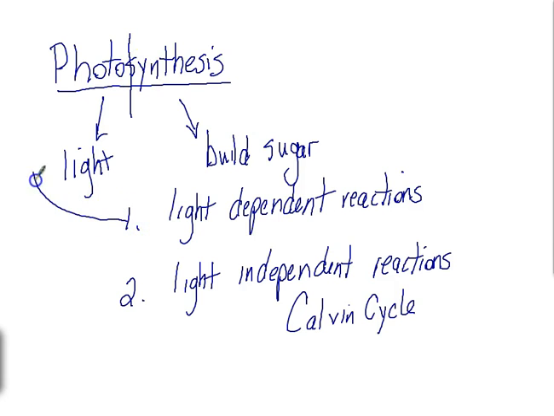So step number 1 are those light-dependent, so hence the light for the photosynthesis. And then step 2 is the light-independent reactions, which don't need direct sunlight, but what you're going to find out they need is they need the products of the first part to go into the second part. So it's not like these happen at night, but they rely on the products of the light-dependent reaction, but not light itself. So those are those 2 basic steps in photosynthesis.